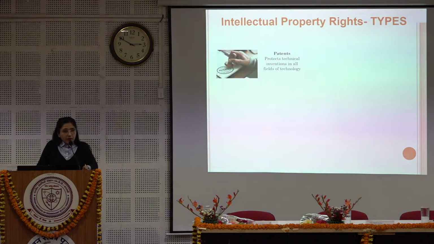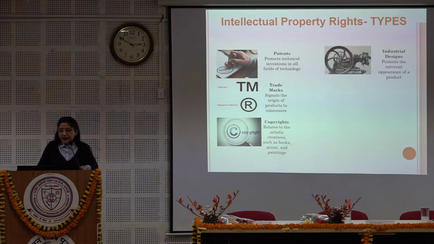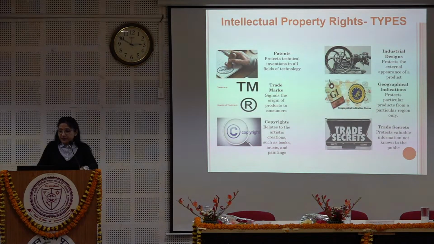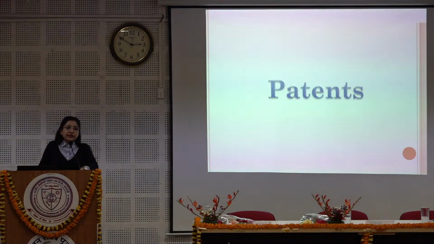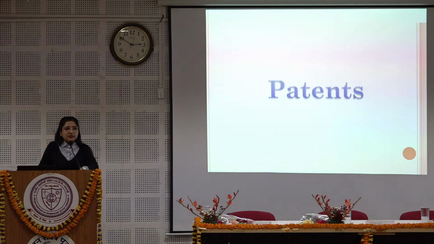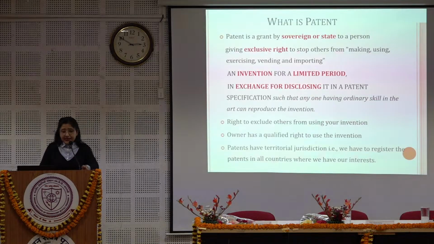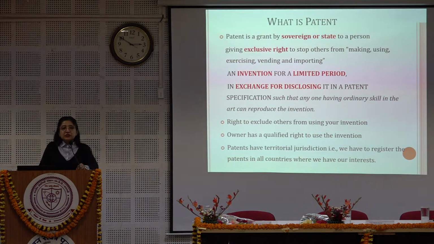Different types of intellectual properties were already covered in the morning. We have patents, trademarks, copyrights, industrial designs, geographical indications, and trade secrets. We will be discussing patents first, because mostly a patent involves the largest amount of documentation when we are filing. What exactly is a patent? A patent is a document which the government of a particular country gives you, wherein they give you the exclusive right that you possess the property.